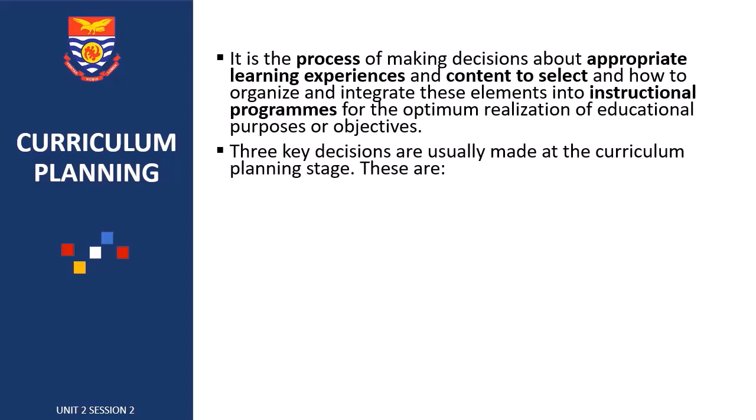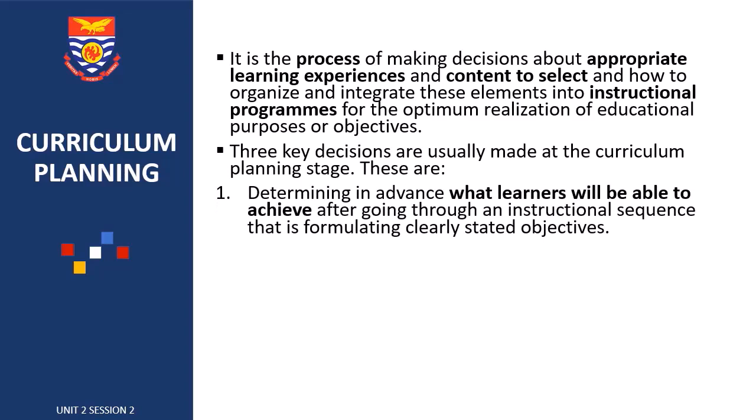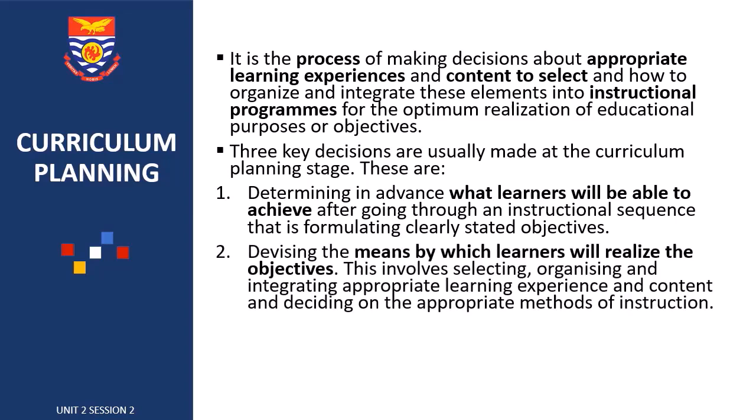There are three key decisions that are usually made at this stage. These decisions are: 1. Determining in advance what learners will be able to achieve after going through an instructional sequence. That is, formulating clearly stated objectives. 2. Devising the means by which learners will realize the objectives.